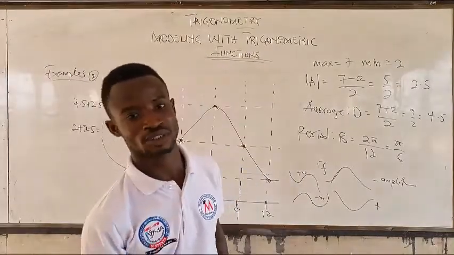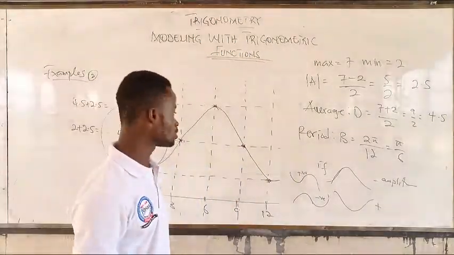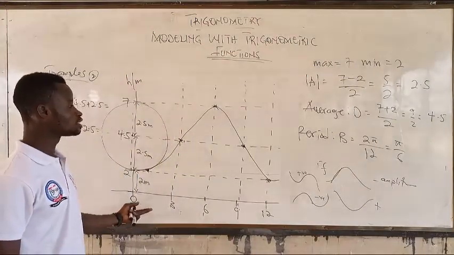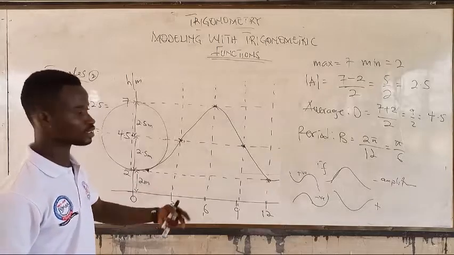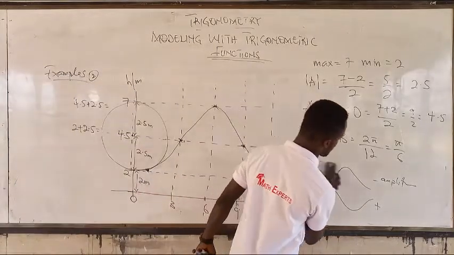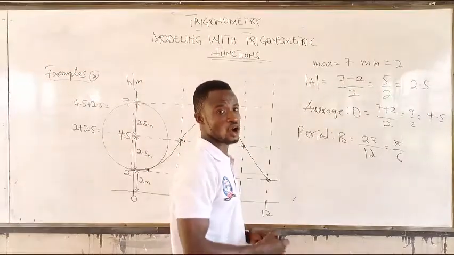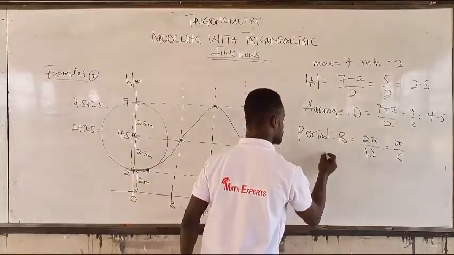So the graph will start at 0, so there will be no shifting if you want to use cos. Alright. So let's first write the equation for the cos.